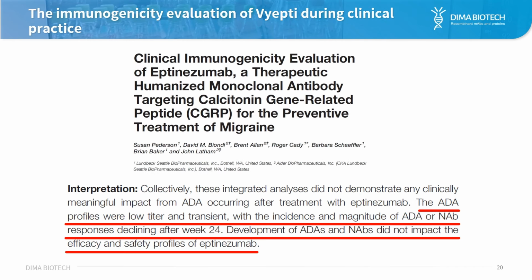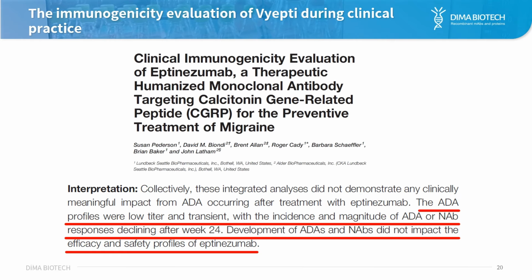One of the major concerns for using rabbit as immune host to develop therapeutic antibody is the immunogenicity risk. Last year, Lundbeck did clinical trials for more than 280 patients after treatment with Vyepti.